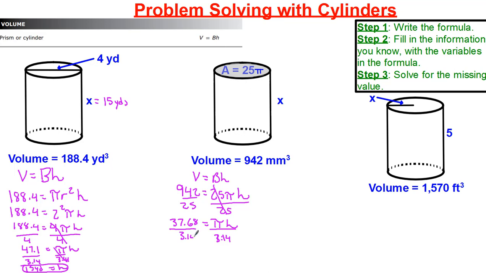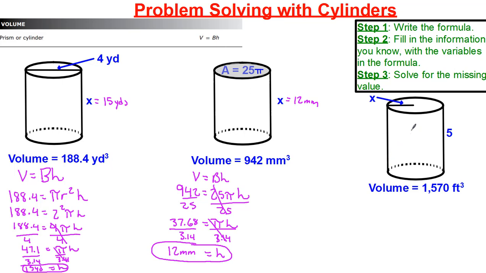So once I go ahead and do my division, I'm going to get h is equal to 12 millimeters. Okay, so once again, I start with my formula, I fill in my knowns, and then I only have one unknown because I know what pi is.